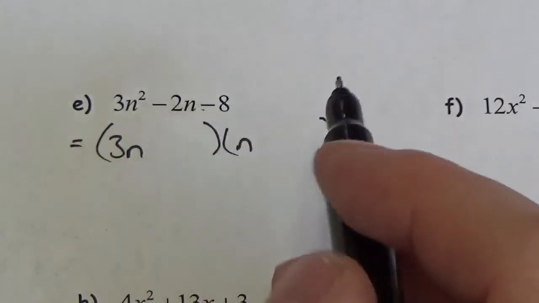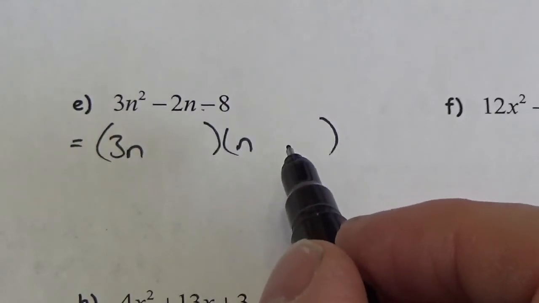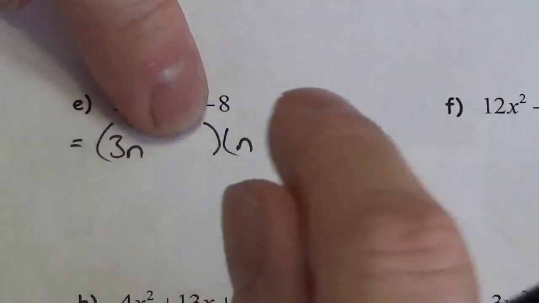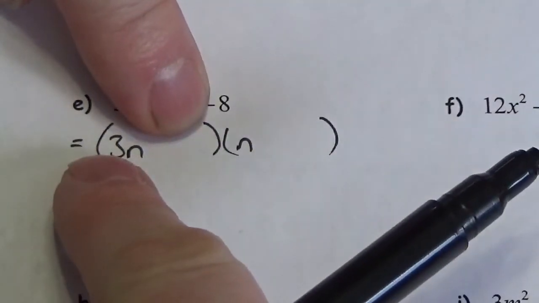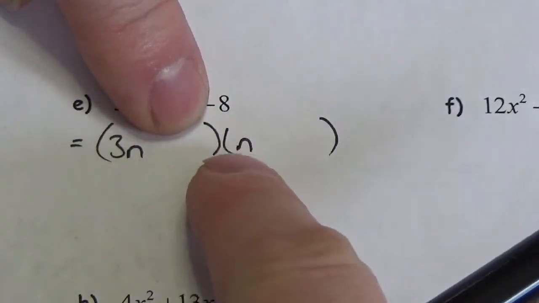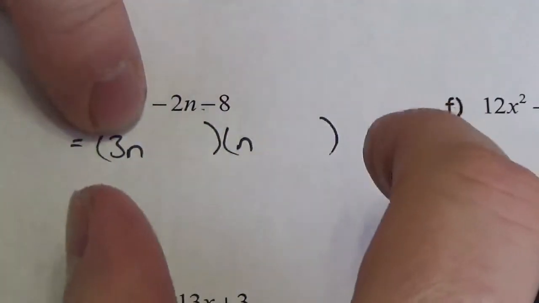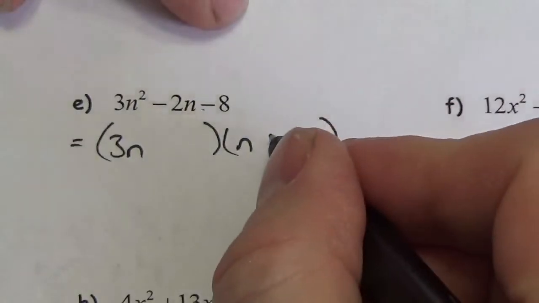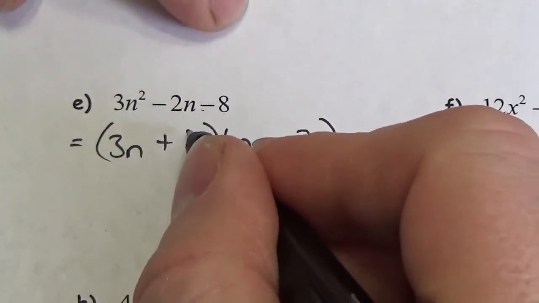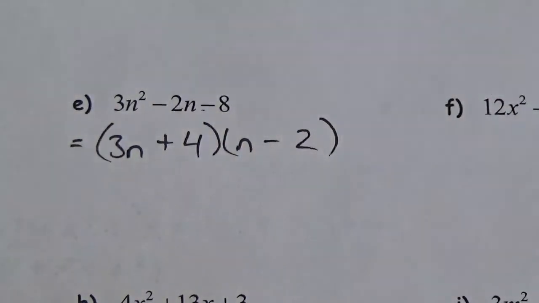Okay, with 8 though, let's guess 4 and 2. How are we going to do this? If we plug 4 and 2 here, let's just double check this. 3n times 2 would be 6n. 4 times n is 4n. I can combine those to get 2n as long as the 6 is the negative one and the 4 is the positive one.